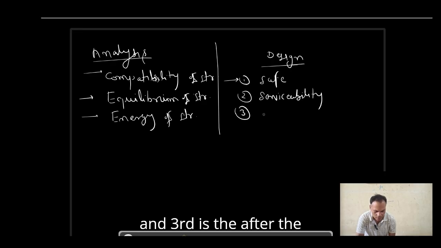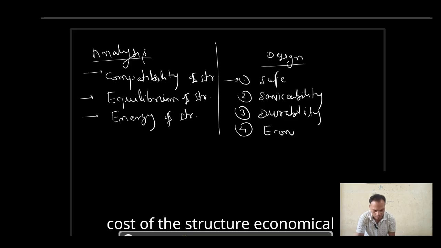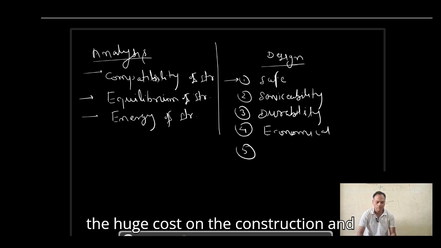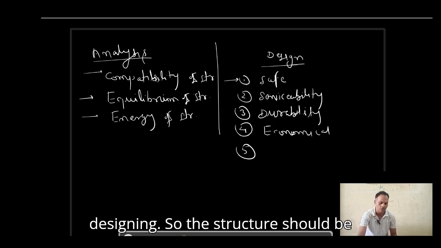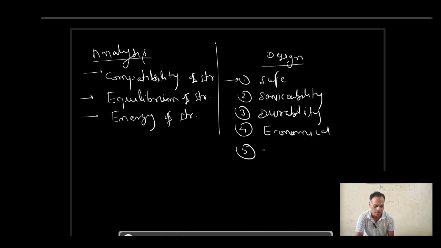And the third, after the serviceability, structure should be durable. So the durability of the structure. Fourth one is structure should be economic. So the cost of the structure should be economical. Fifth one is we invest huge cost on the construction and designing, so the structure should be aesthetically good in appearance. So the aesthetic appearance.